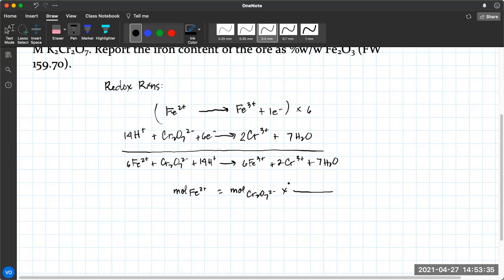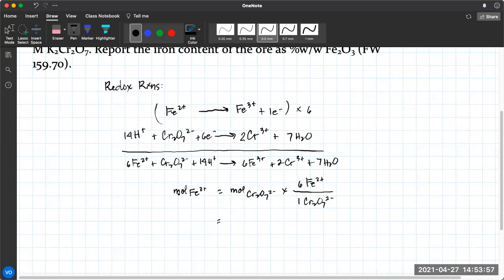According to the balanced equation, there are 6 moles of iron 2+ per mole of dichromate.